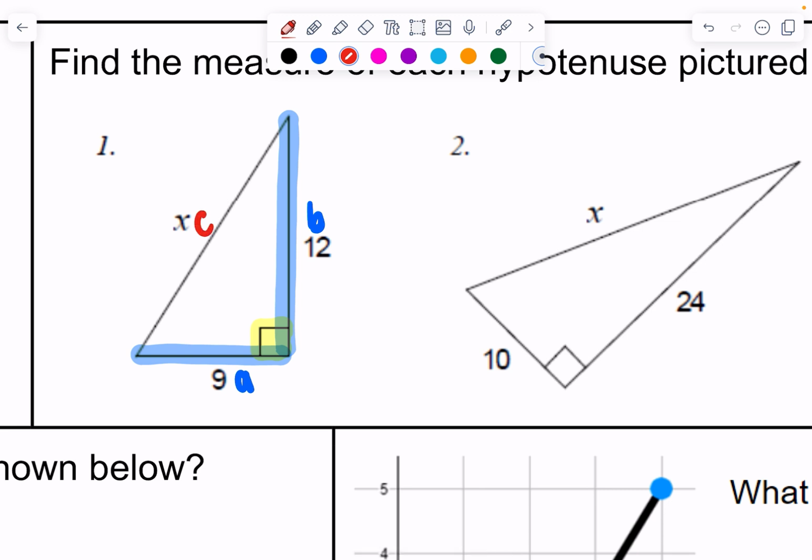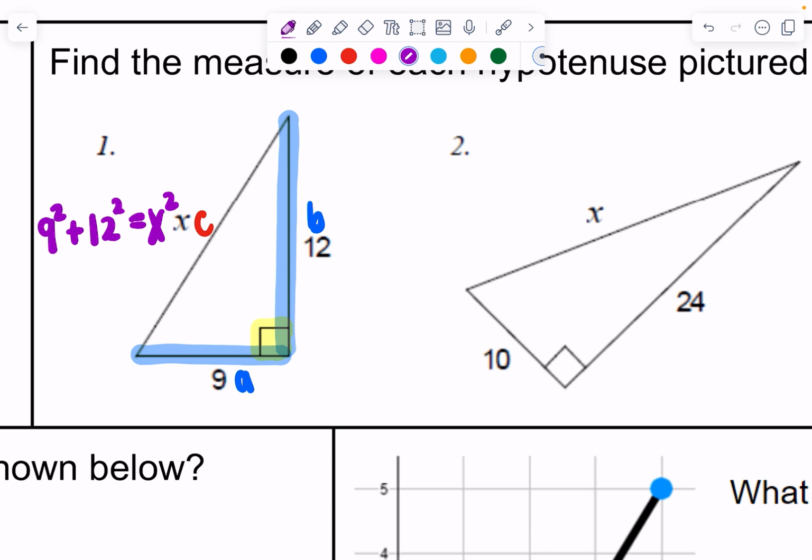C is our hypotenuse. And we're going to write it down in the form of A squared plus B squared equals C squared. So A squared is 9, so that's 9 squared, plus B squared, which is 12, so that's 12 squared, equals C squared, which is labeled as X. So plus or equals X squared. Okay. From here, we're just going to simply evaluate. Okay.